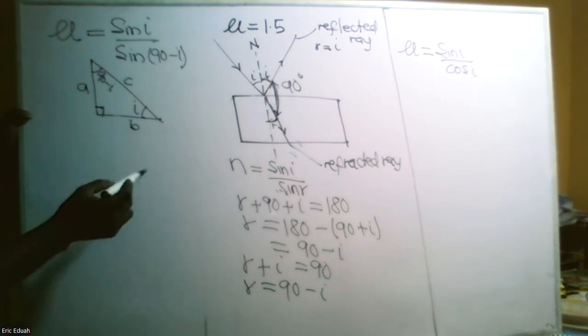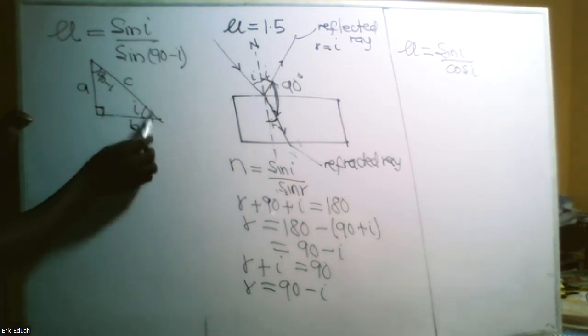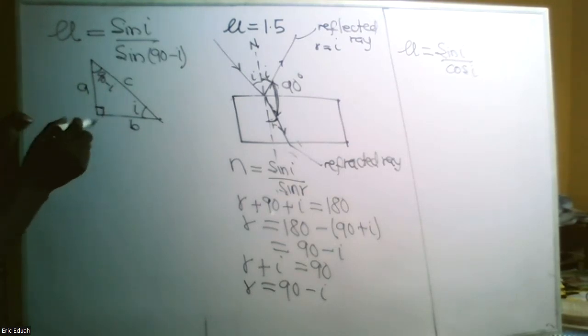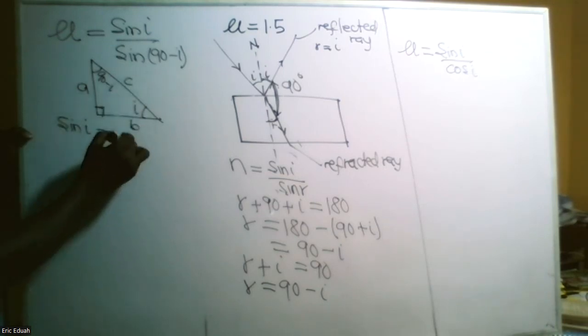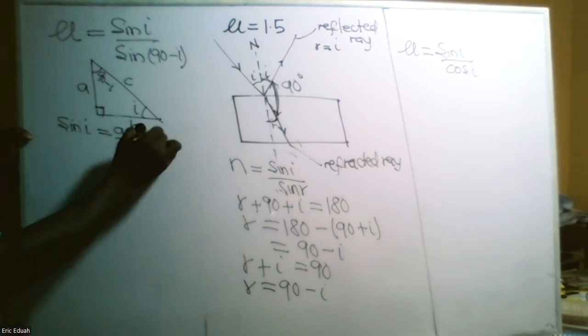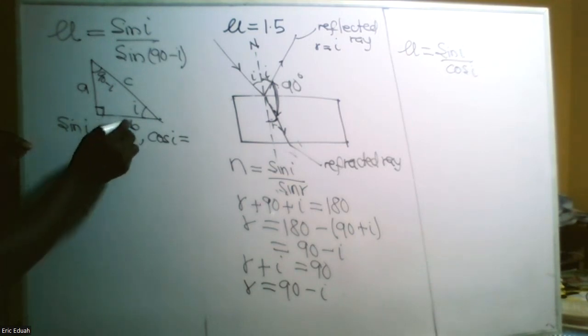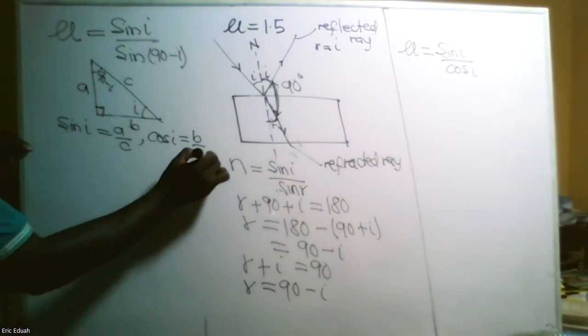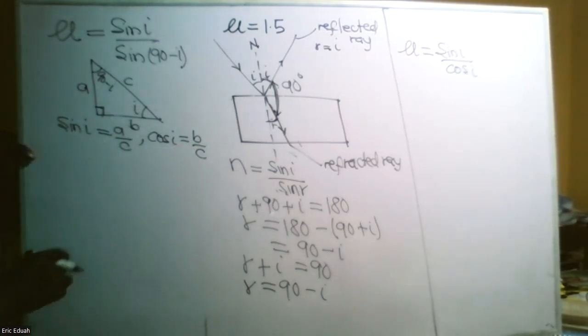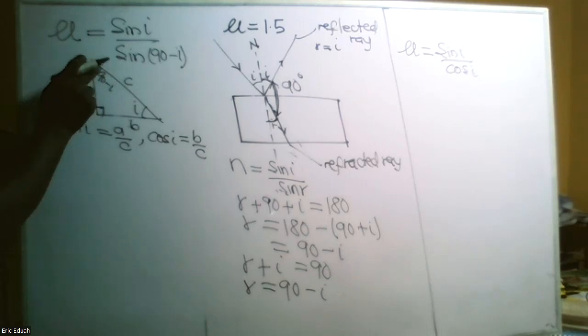Okay, we are taking sine and cos of this and of this. Sine I is equal to opposite over hypotenuse, so A over C. Then cos I is equal to B over C. Let's take the sine and cos of the other angle.